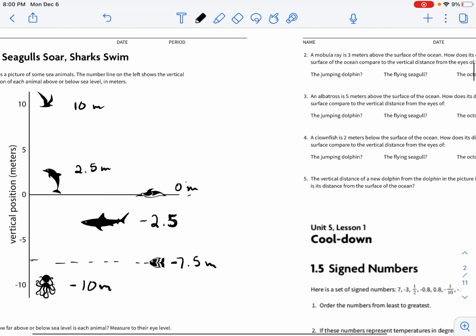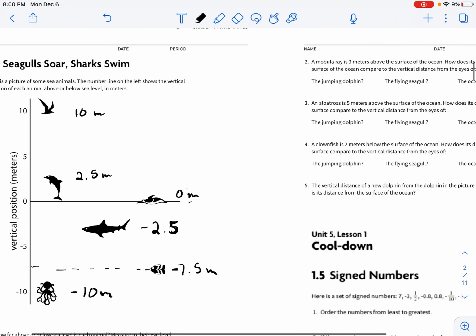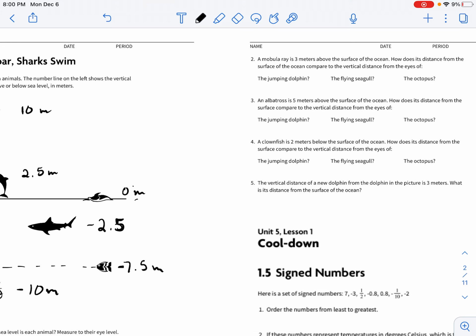Okay, so the jumping dolphin was, now this is an estimate, 2.5, so it's going to be 3 minus 2.5 equals 0.5 meters. The flying seagull, that's going to be 10 minus 3, so that'd be 7 meters.